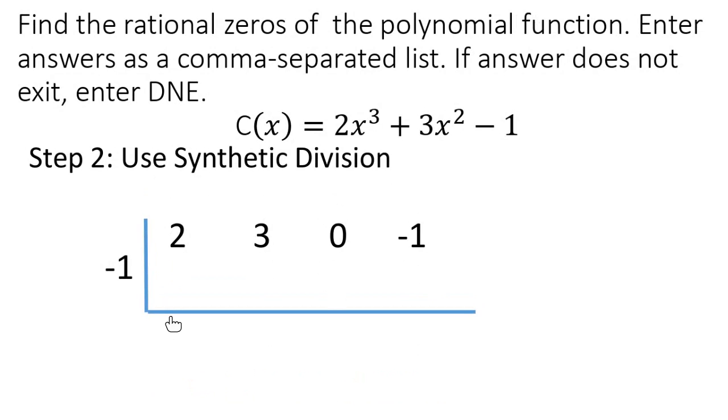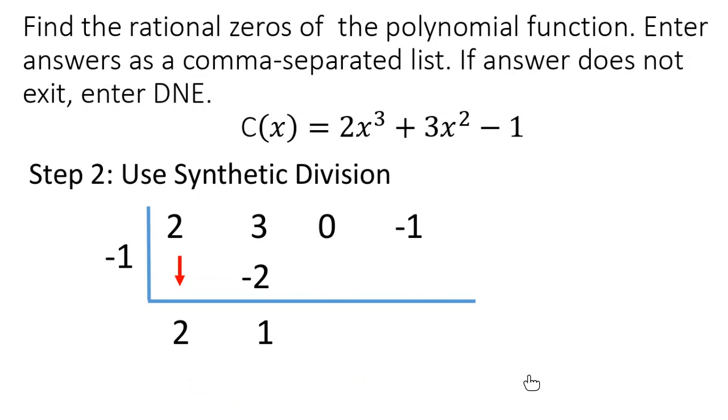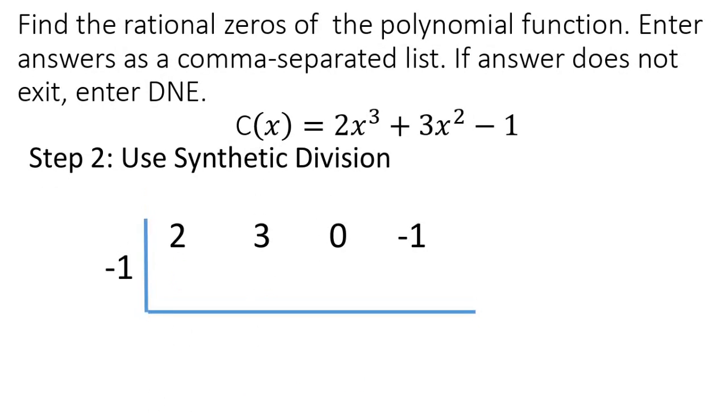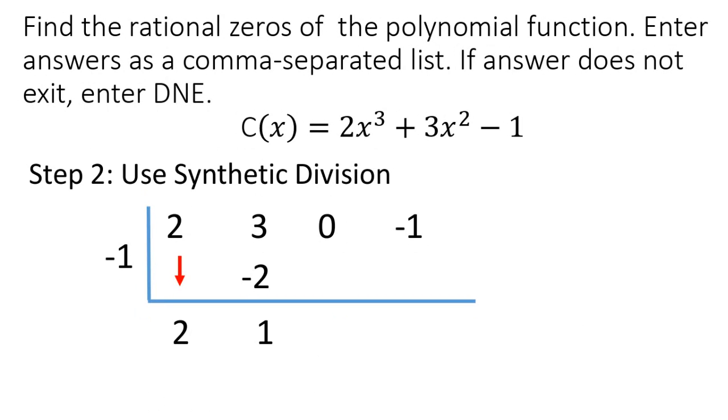So the next one is negative 1. Oops, hold on, give me a second. I don't know what my computer's doing. Hold on. Okay, so we're going to use -1.